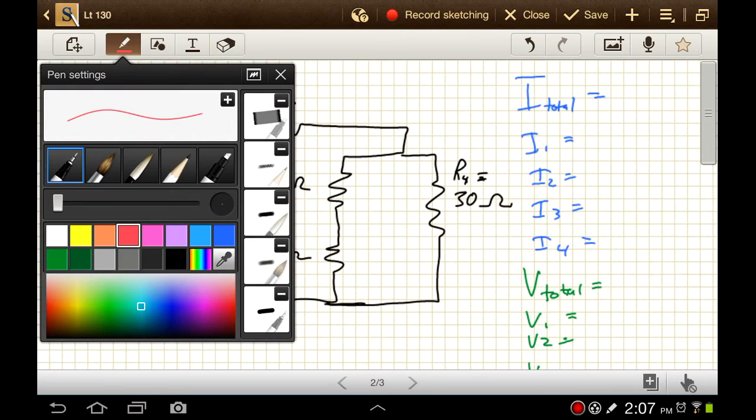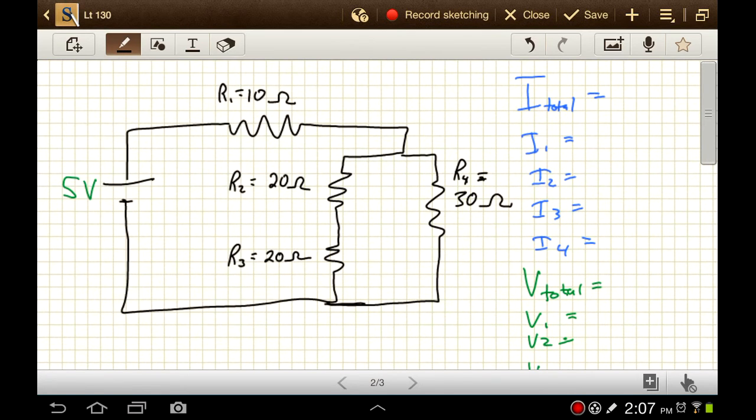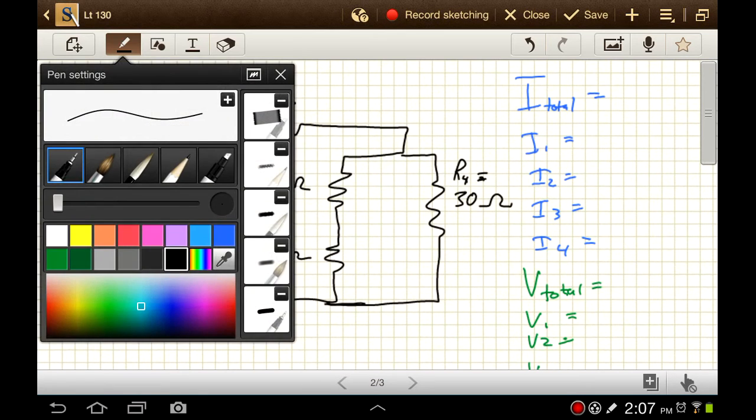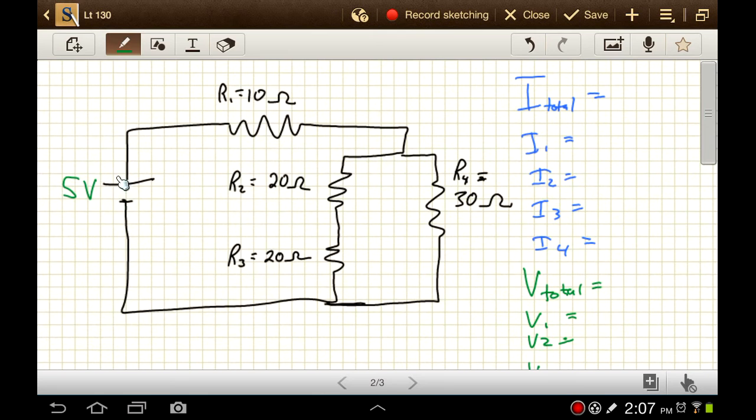So let's worry about those totals first. So total voltage, actually, we can do right now. We have a battery that's 5 volts, so for all of these put together in the arrangement that we have, we must have a total voltage drop of 5 volts. It goes up by 5, and then as it goes around, it goes down by 5.